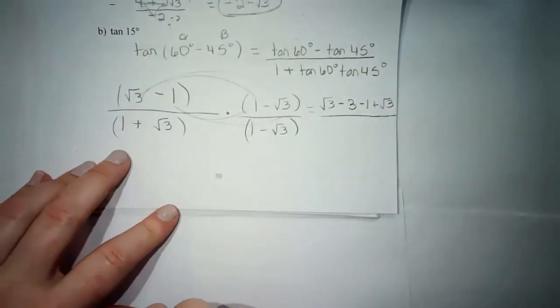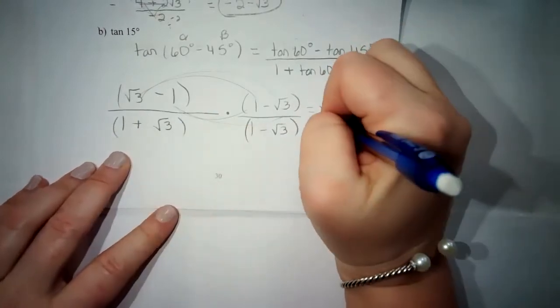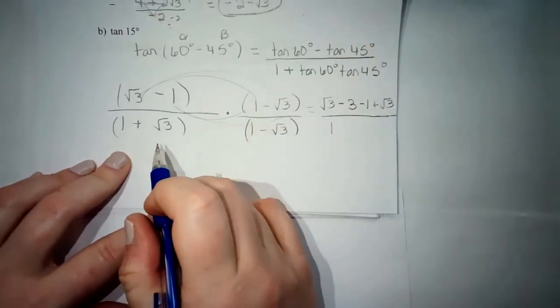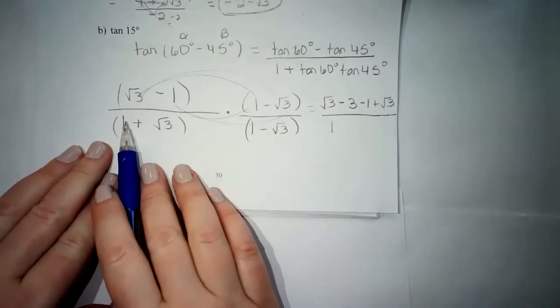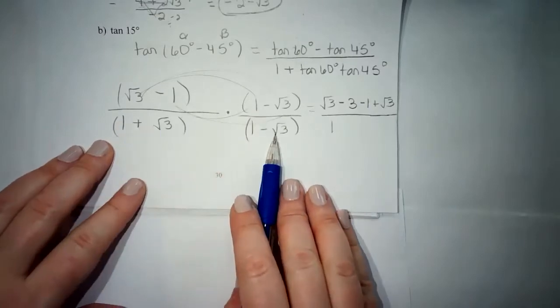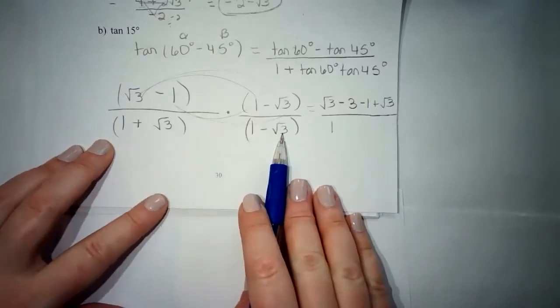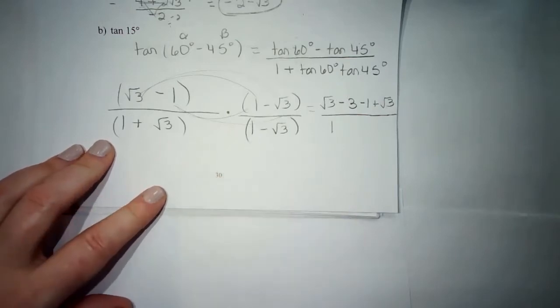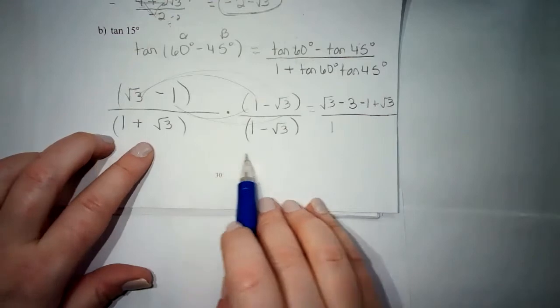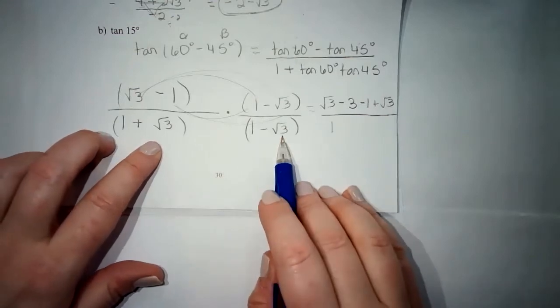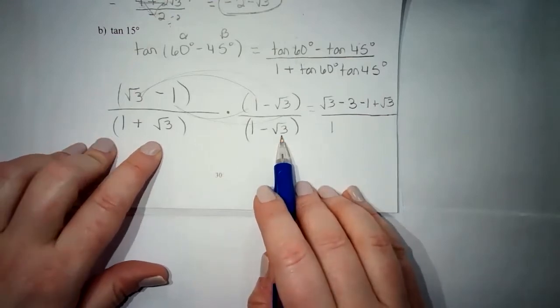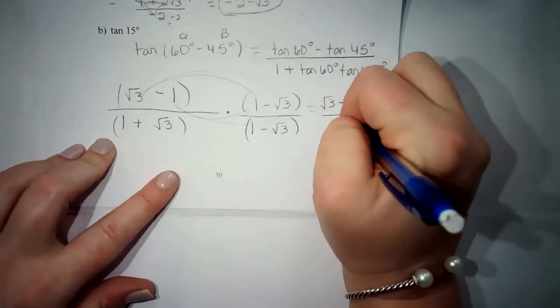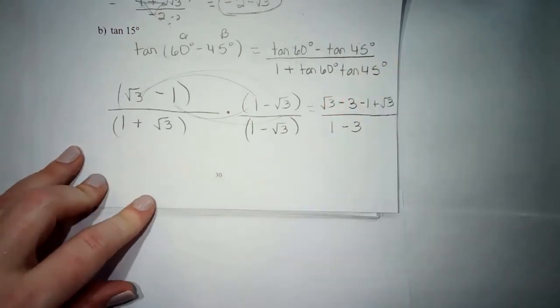Your denominator is going to be 1. Now you can save yourself some math here. You know that this is going to cancel out the middle term. So you know this is going to be negative root of 3 and this is going to be positive root of 3 and they're going to just cross out. So you could just multiply root of 3 times negative root of 3 and get minus 1.